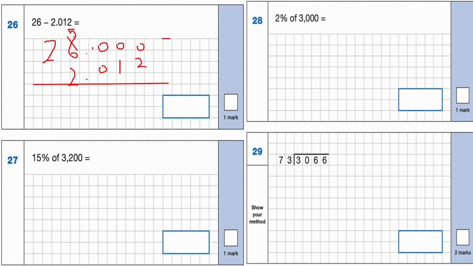That goes to a 5, that goes to a 10, cross that off, that becomes a 9, that becomes a 10, cross that off again, that becomes a 9, that becomes a 10. 10 take away 2 is 8, 9 take away 1 is 8, 9 take away nothing is going to be 9, 5 take away 2 is 3, and 2 take away nothing is 2. So the answer is 23.988.